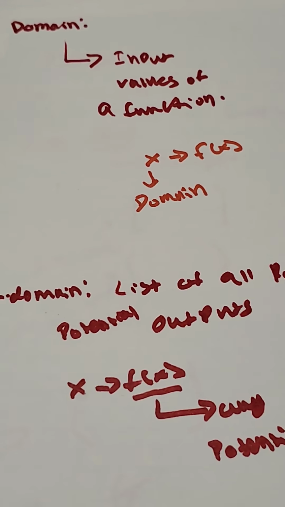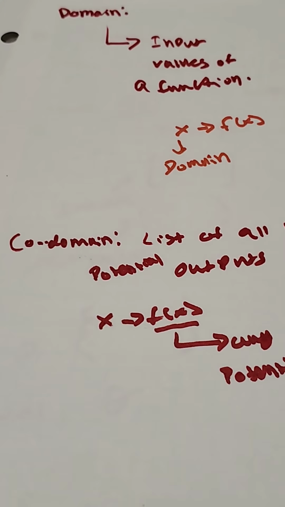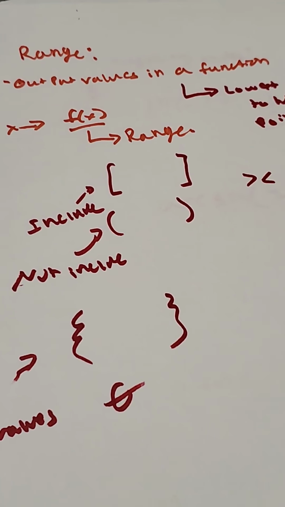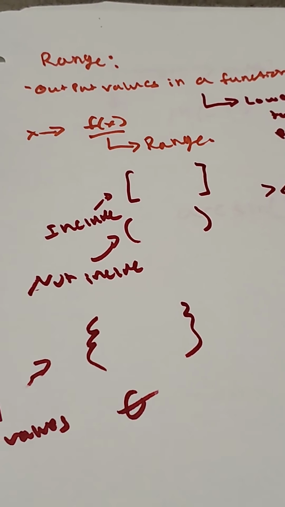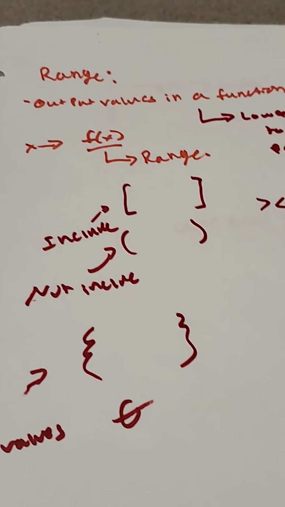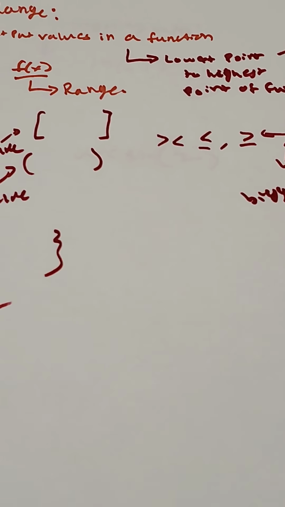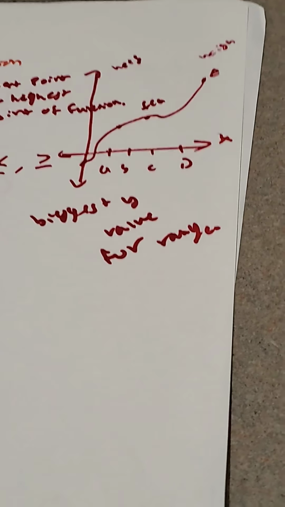The codomain is the list of all potential output values, and we define the range as all of the output values in a function, typically the lowest point to the highest point in a function, as you guys see in that graph.